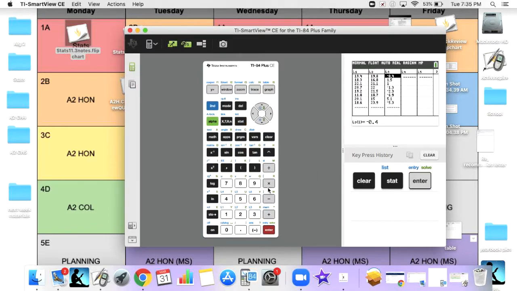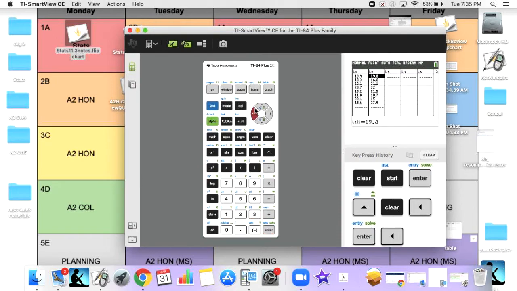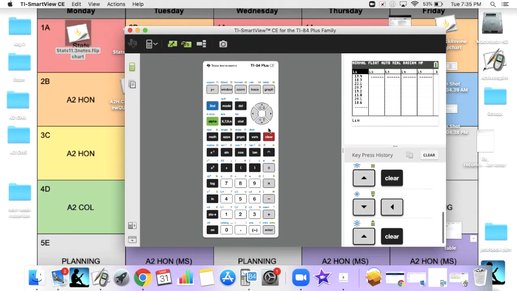We're going to clear out what's already in here, and we'll clear that one out, and we'll clear this one out. I'm going to speed this up, and feel free to type your information for the rats that went to space, so the flight in L1, and then the control group in L2.